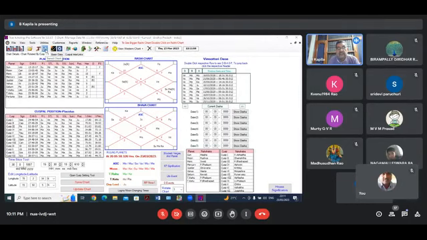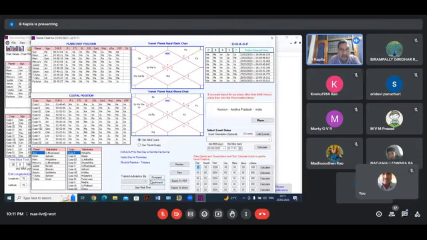So in the transit chart, I will put on the date of 27/3/2028. And the time period was moon Bhukti starting. I have written here somewhere. Moon Bhukti.